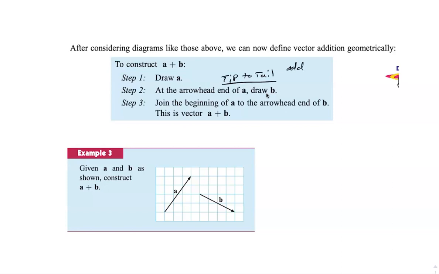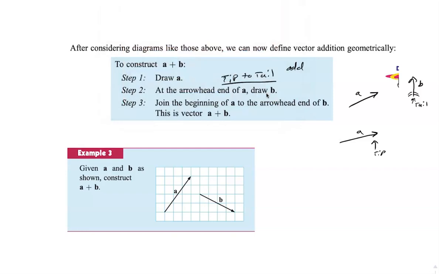So if I give you a vector A here and a vector B here, if you want to add them, you're going to add the tip of the first one, that's my tip, to the tail of the second one. That's the tail.